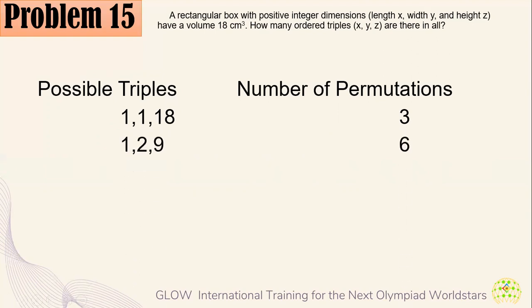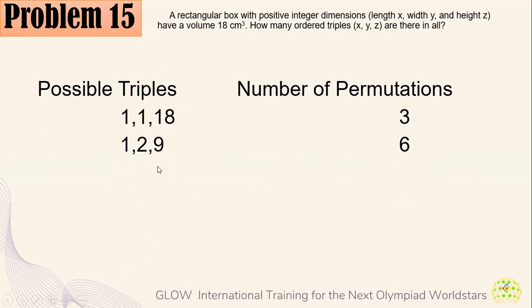You also have 1, 2, and 9, because 1 times 2 times 9 is 18. And if you write everything, there are 6 possible permutations or arrangements. You could have 129, 192, 219, 291, 912, 921.